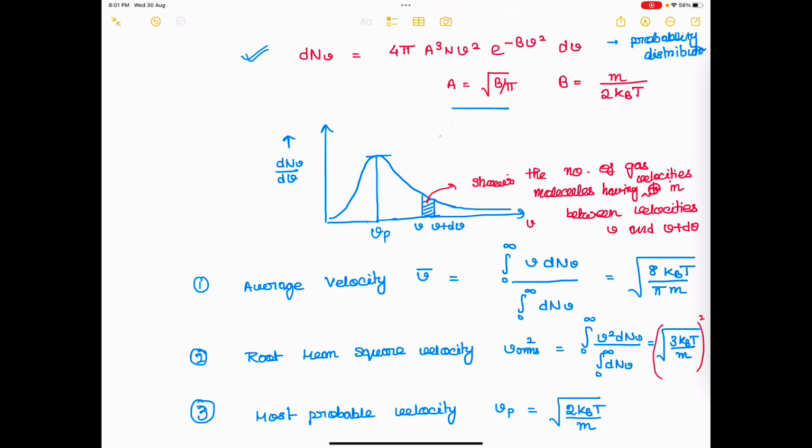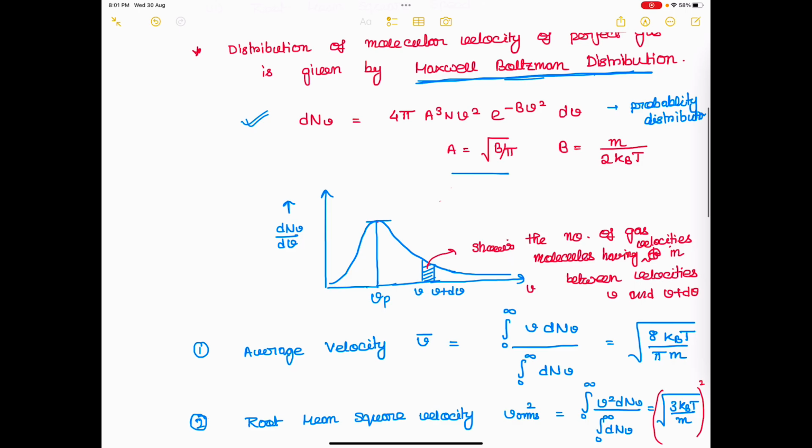From the graph itself, we can find out the most probable velocity. As we know, the most probable thing is the maximum of a particular probability density function. So where the slope of this is 0 is actually the most probable velocity. What is the definition of most probable velocity?